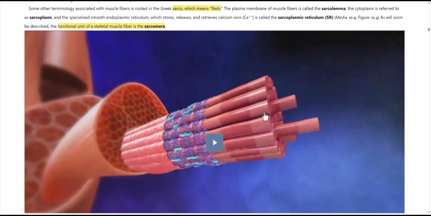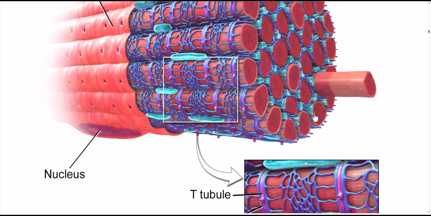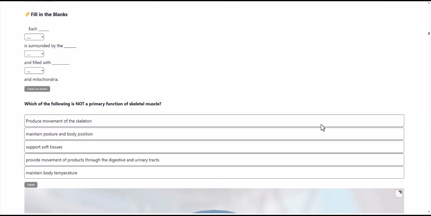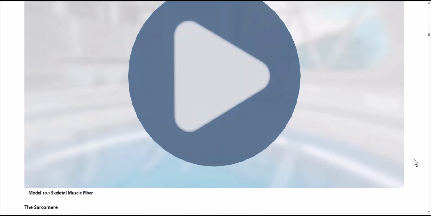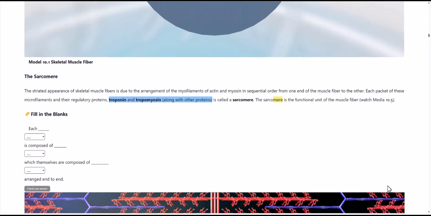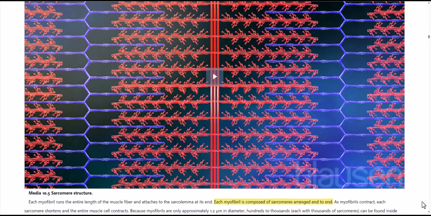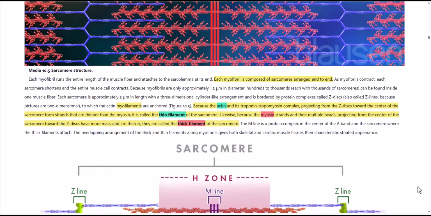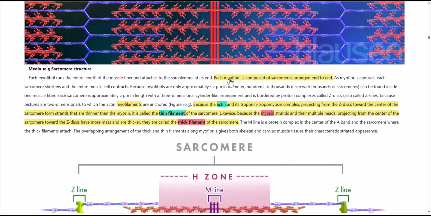What is making those alternating light and dark patterns are sarcomeres end to end down along the entire muscle cell and down along the entire myofibril. And what is making these up are proteins called myofilaments. So we have myofibrils with lots of myofilaments.